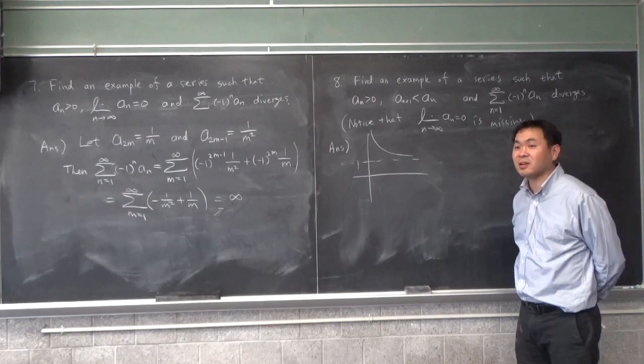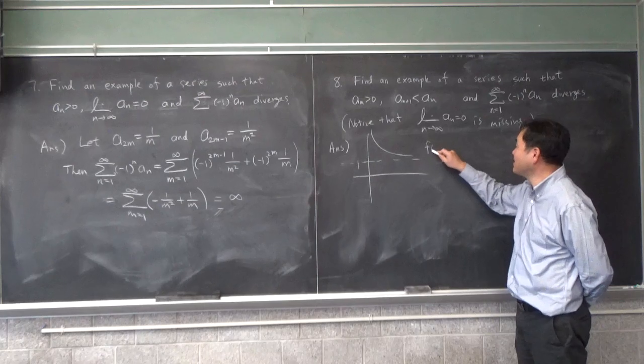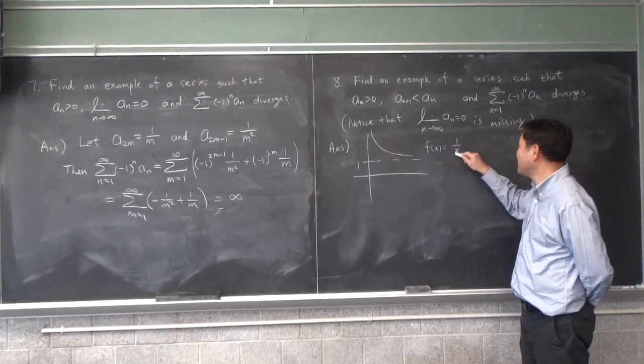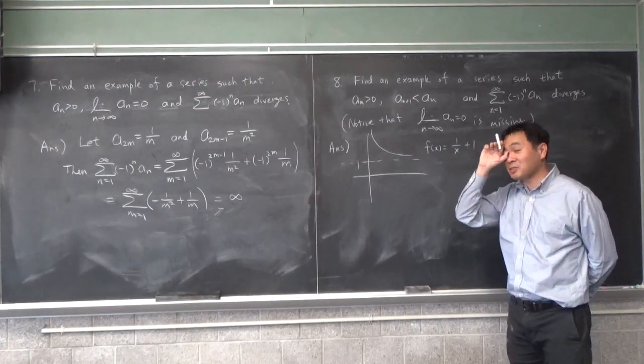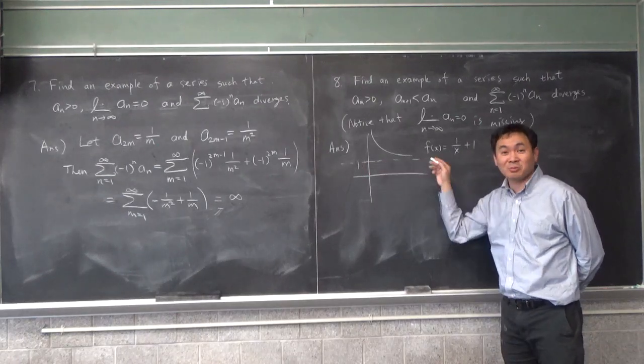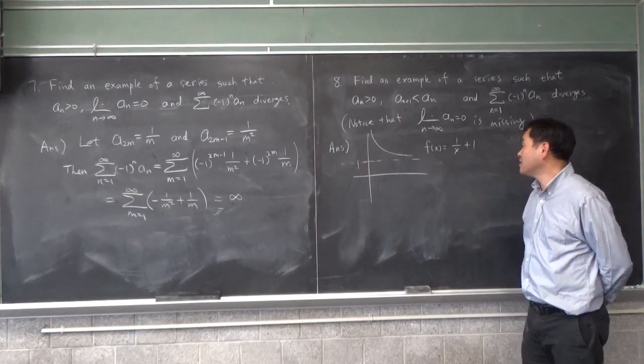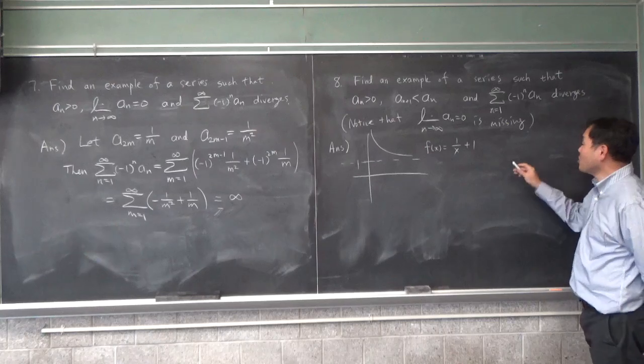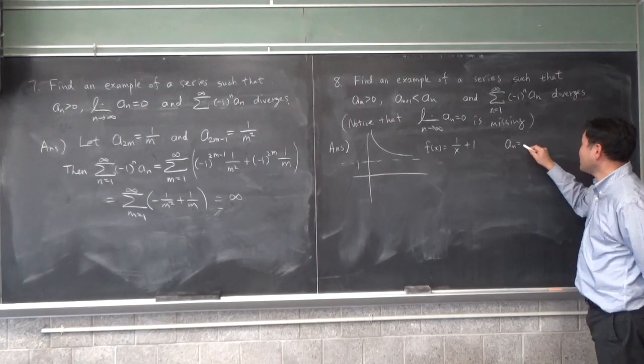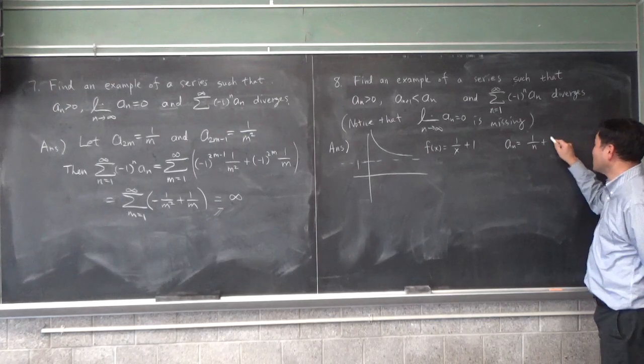x plus 1? Yeah, 1 over x plus 1, right? That would have horizontal asymptote as 1, right? Okay, so that's what we want to use. I want to say an is 1 over n plus 1.